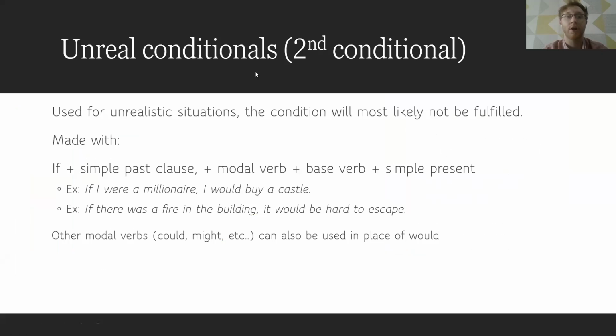These are also called unreal conditionals. They are situations that are not likely. So yeah, unrealistic situations. The condition will most likely not be fulfilled. So these are made with an if statement and a then statement. Not "then" here, but that's what I like to call them for now.